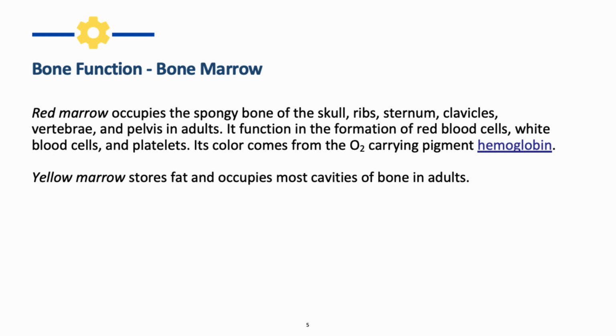Probably the most important cell for our concern is the red blood cell, because red blood cells carry hemoglobin, which is what allows us to move oxygen around the body, specifically from the lungs to working muscle. If you suddenly engage in an increased amount of aerobic activity, your red bone marrow will start churning out red blood cells at a quicker rate than before.